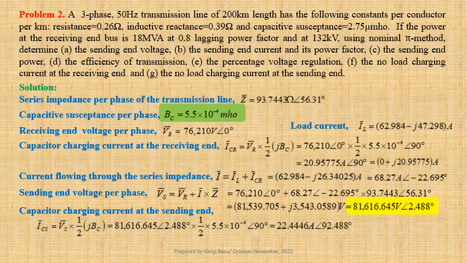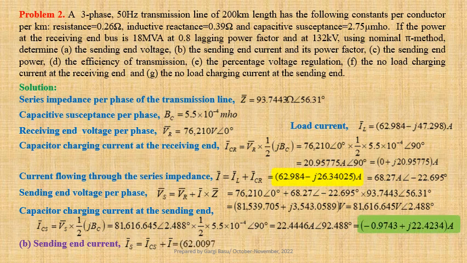92.488 degree. This may be written in Cartesian form as minus 0.9743 plus j times 22.4234 ampere. Now we shall determine sending end current. Is equals to I_CS plus I. Using values we get 62.0097 minus j times 3.91685 ampere.